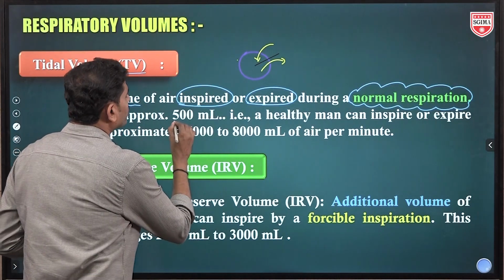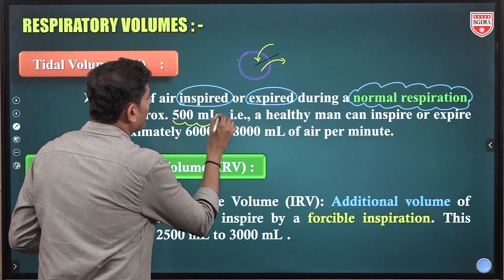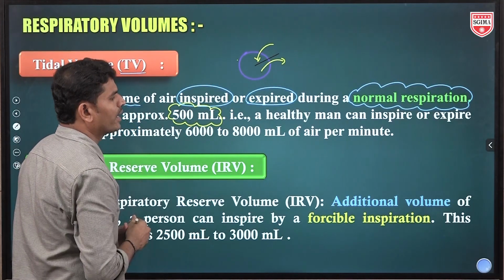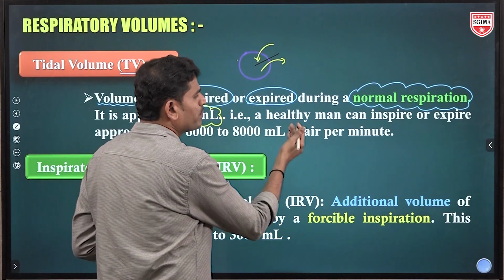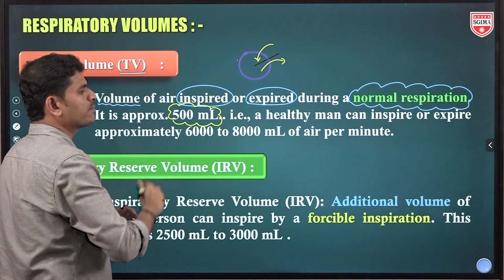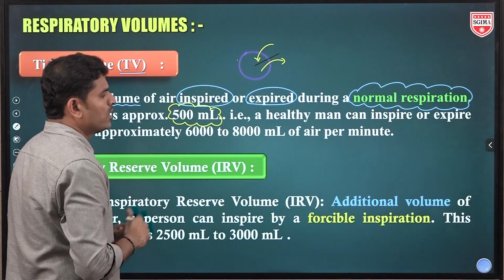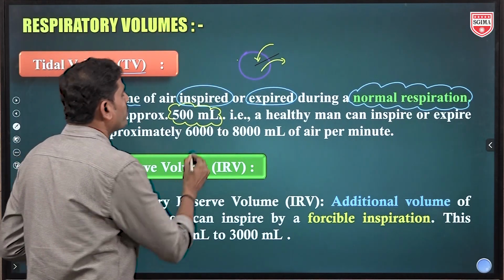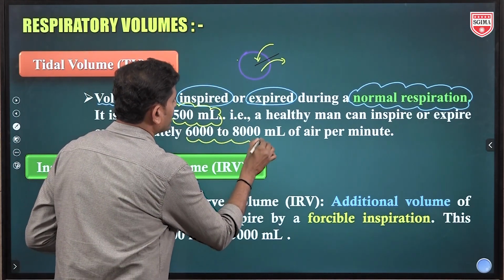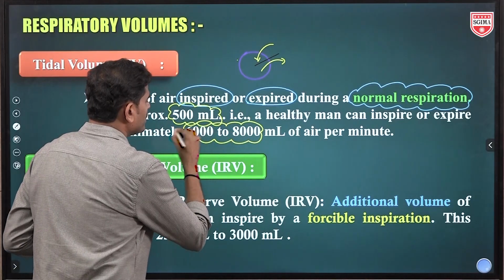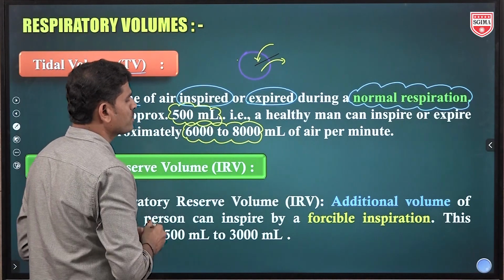Its value, how much is it? 500 ml. A healthy person can inspire or expire 500 ml for one time. For 1 minute, how much can they? For 1 minute it is 6,000 to 8,000 ml. How is it 6,000 to 8,000?